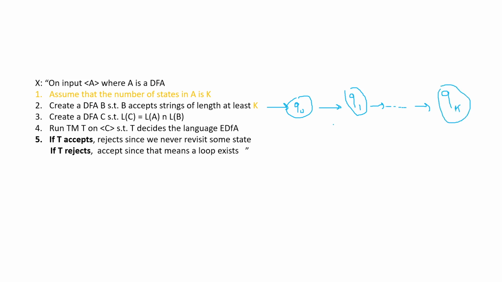So the number of states of B is actually k plus 1. The reason for that is to ensure that we accept strings of length k. If you want to accept a string of length k, your number of states has to be at least k plus 1.